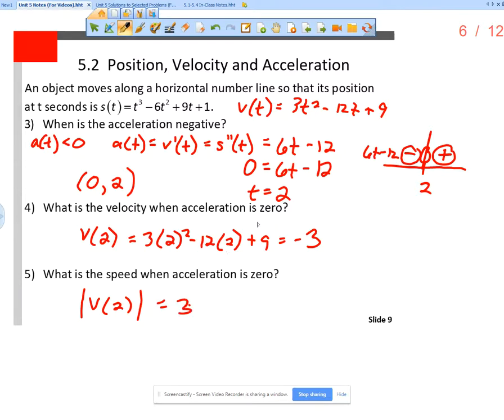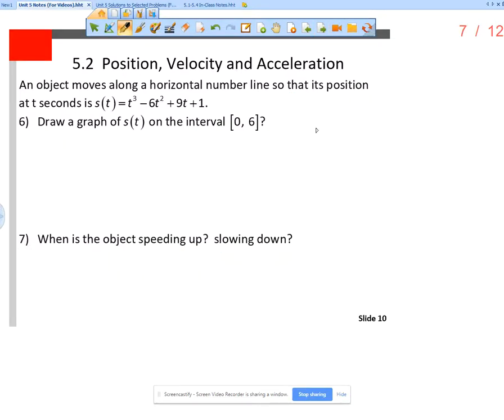Now, moving on to slide number 10. Draw a graph of s of t on the interval 0 to 6. Really, that's not that big of a deal because we already did all the work. Here's s of t, here is t. We started at 0, 1, because we already did that work.